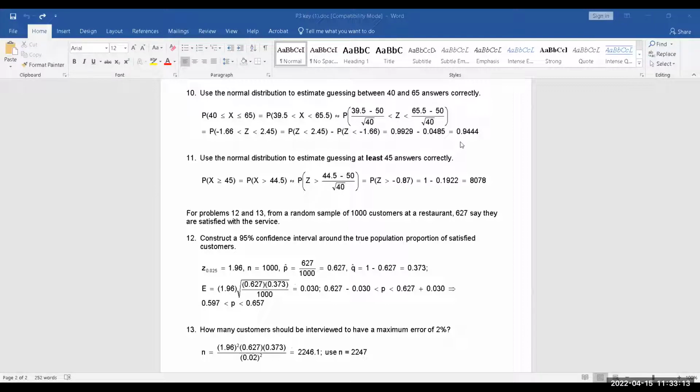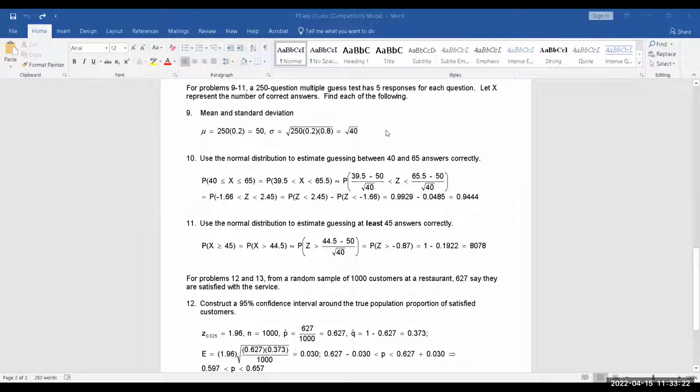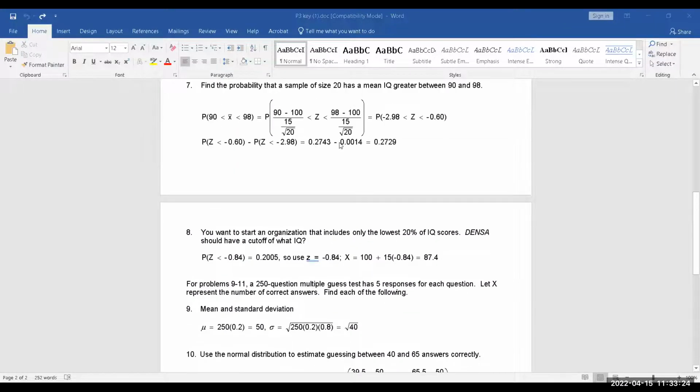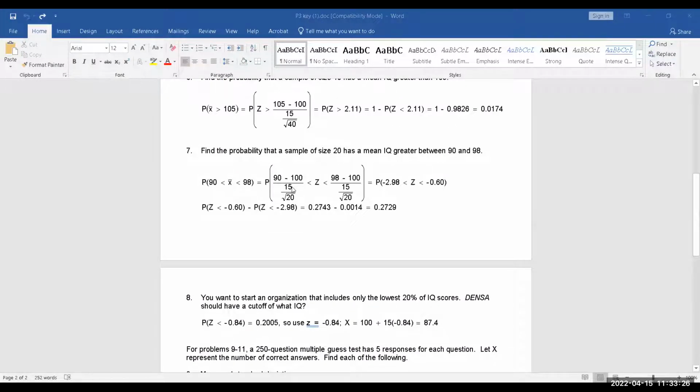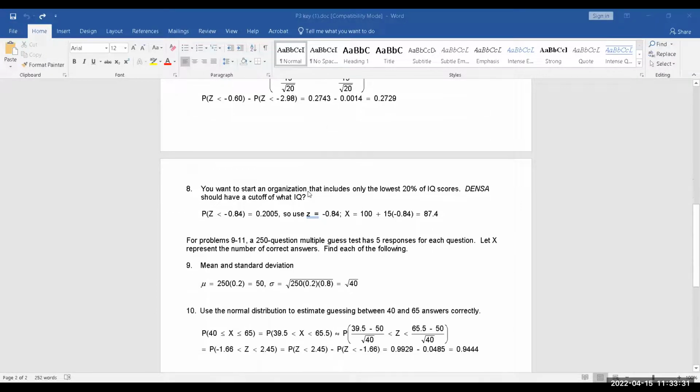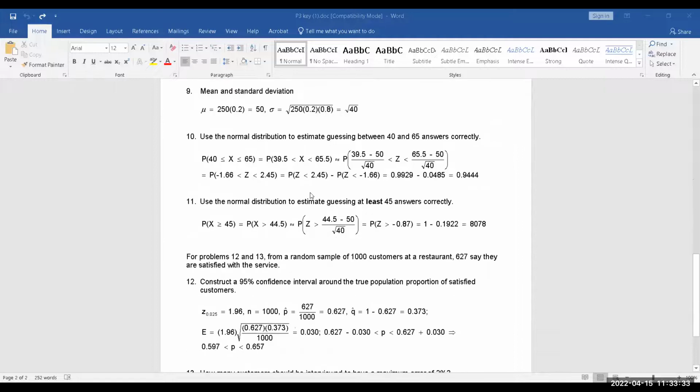And by the way, one of the questions I have for you guys, how do you know when you're supposed to do this thing? Because before we didn't do this, before we just calculated a z-score, right? Before we just said, I'm asking you a question, we look up a z-score. How do I know when it's a binomial and I'm supposed to do all this? Well, the instruction is use the normal distribution to estimate.